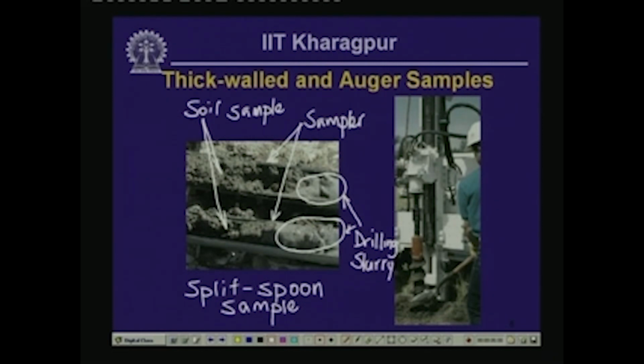So, the disturbed nature of this particular sample is evident from the pattern that you see in the picture there. Okay, so that is a split spoon sample. It is a disturbed sample.